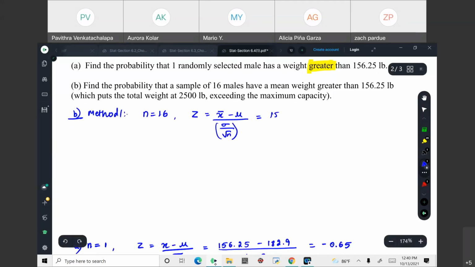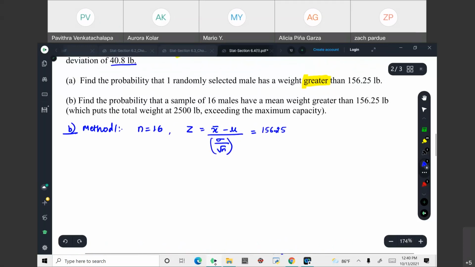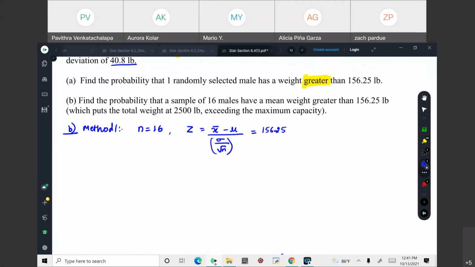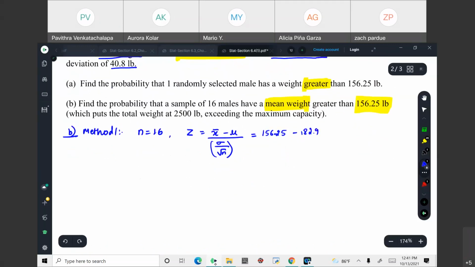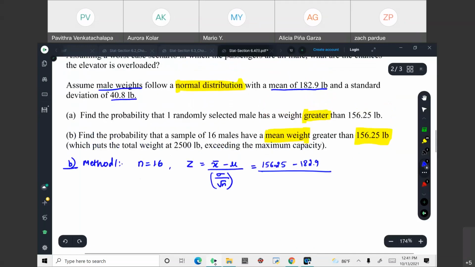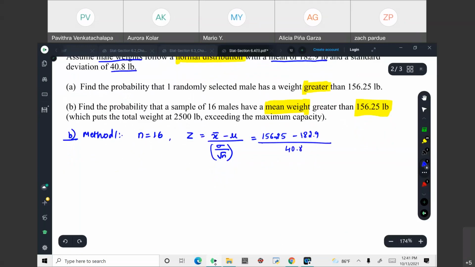So here x bar is 156.25. Now you might ask me that 156.25 was the x value, not the x bar. Because x bar is mean, because they say mean weight greater than 156.25. They have already specified that x bar is 156.25 and the mean is 182.9, divided by standard deviation 40.8 over square root of n, 16.